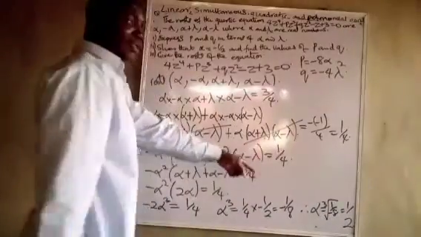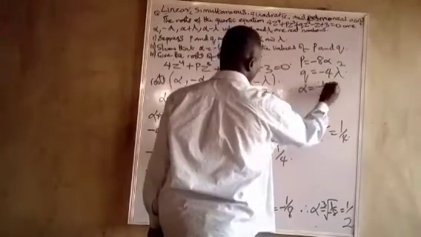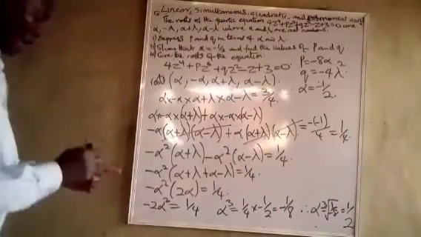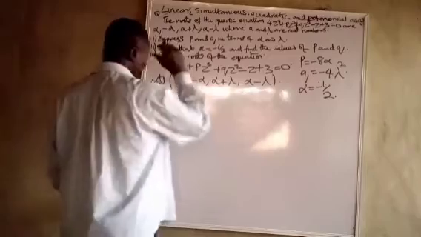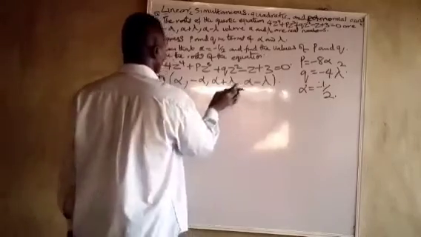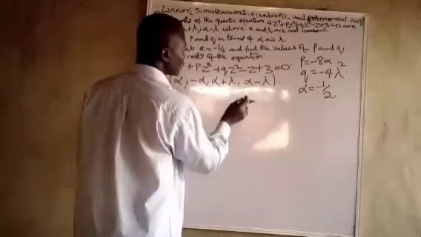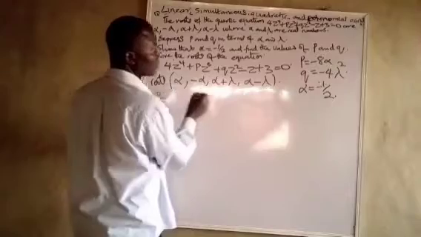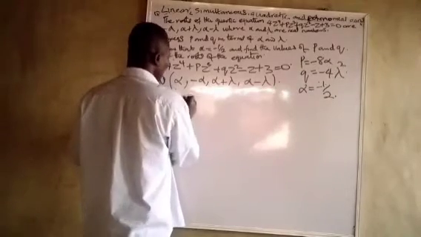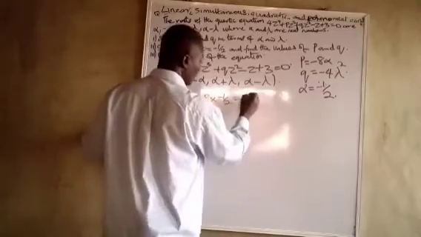So we have established that our alpha is equal to minus half. Now, alpha is equal to minus half, and I want to get lambda now. From here I can get what p is. p is equal to minus 8 alpha, which is minus 8 times minus half, which is 4.